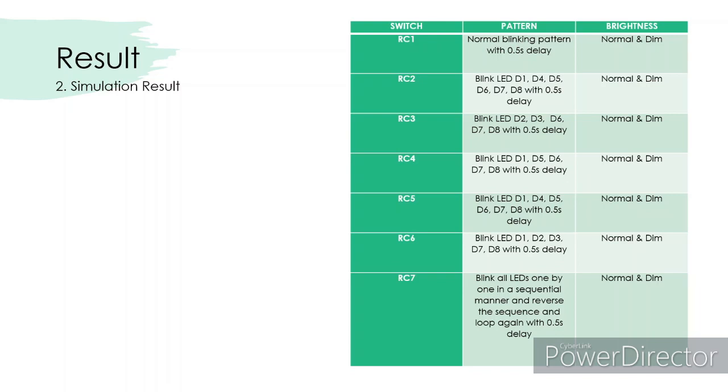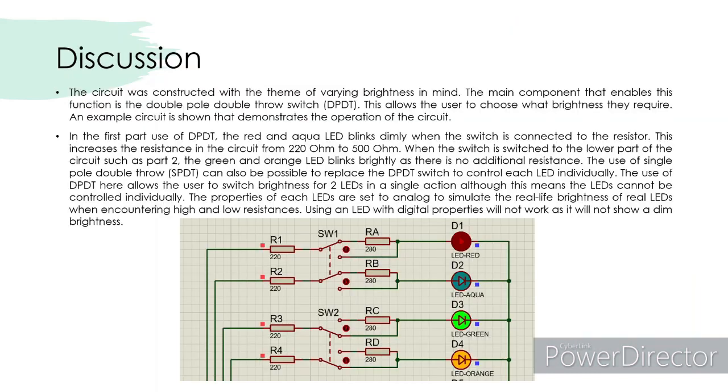And at RC7, we produce a unique pattern which blinks all LEDs one by one in a sequential manner, reverses the sequence and loops again with 0.5 second delay for every blinking.